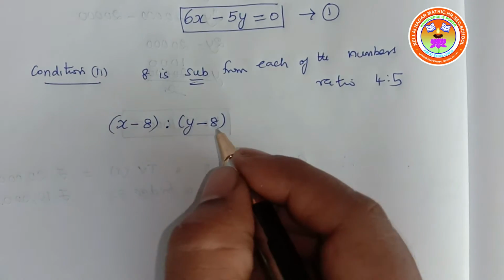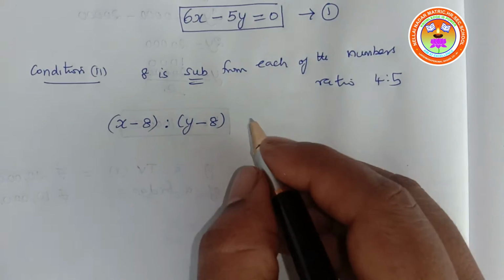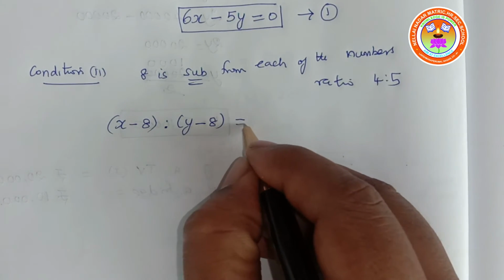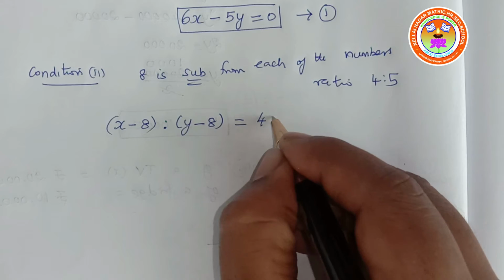So x minus 8 is to y minus 8, given as a ratio, is equal to 4:5.